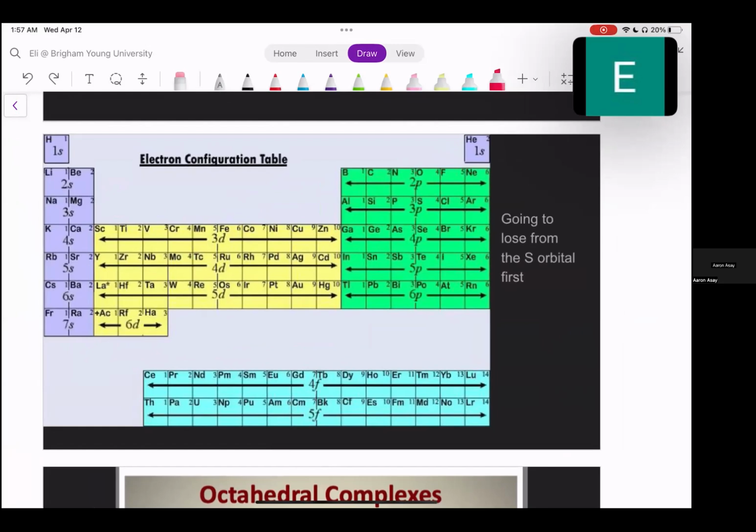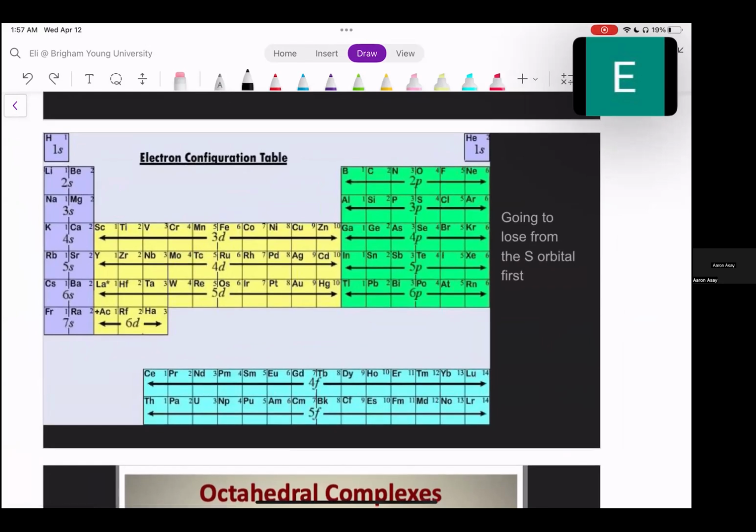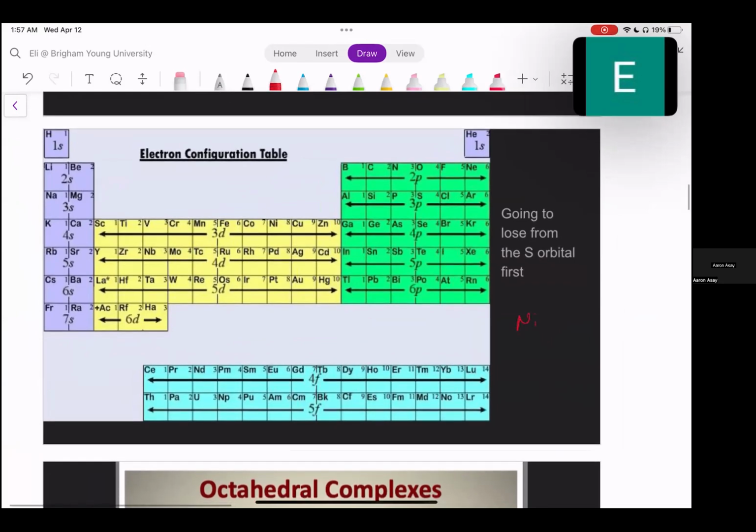So for example, if we just had nickel, we'd be able to look here, and we'd see that it would have 8 d electrons. That's found right here.